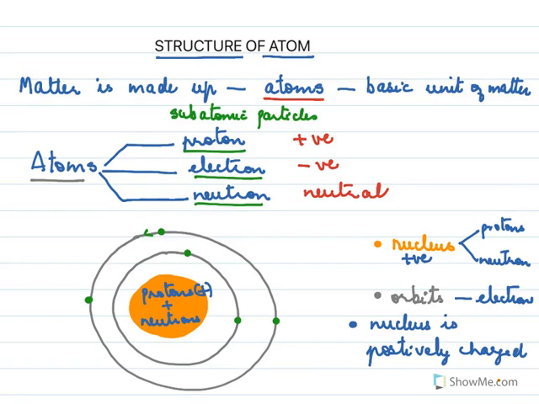Protons positively charged, electron negatively charged, neutrons are neutral. The protons and the neutrons are present in the nucleus, while electrons are present in the orbits around the nucleus. They revolve in the orbits around the nucleus.